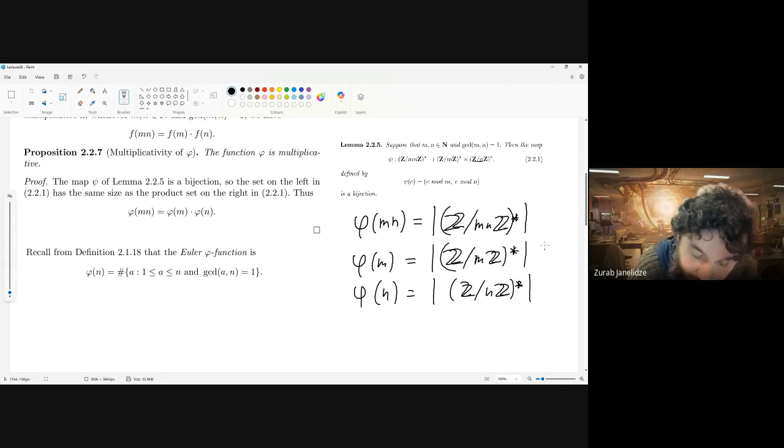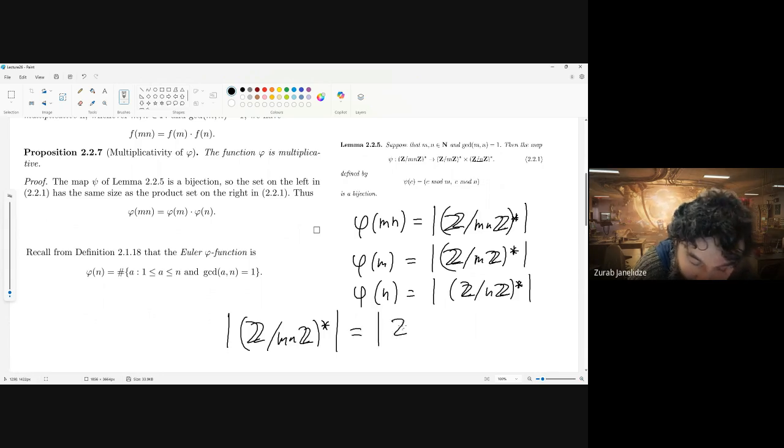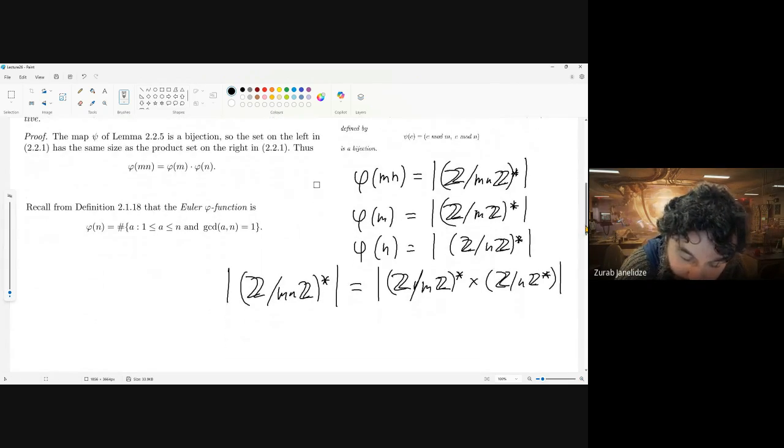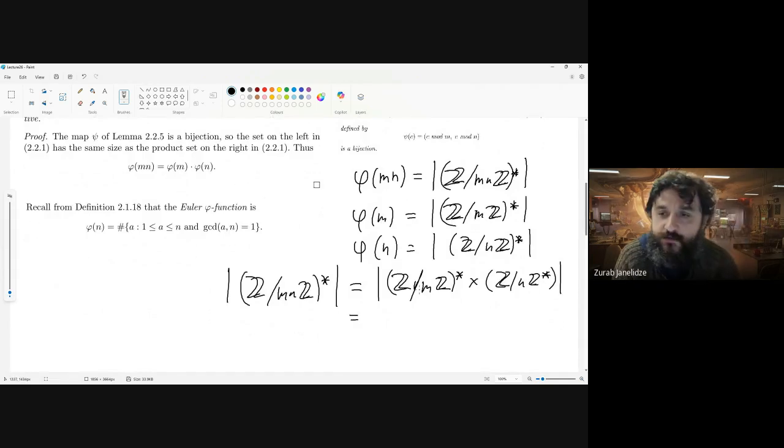But now, because the size of the Z over mnZ star is the same as the size of the Cartesian product of Z over mZ and Z over nZ, we know that the size of the Cartesian product of two sets is the same as the product of their sizes, right?